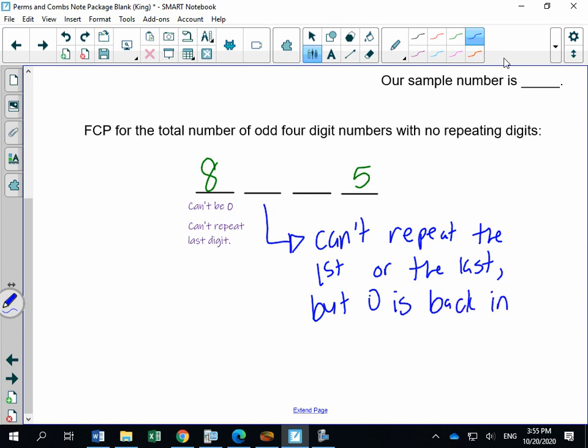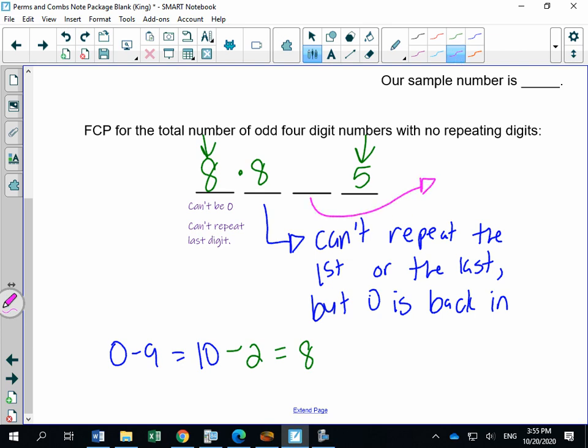So from the numbers 0 to 9, I have 10 total choices. From this, I have to subtract 2. So I have to subtract whatever number went there and whatever number went there. So that means that, because 0 is back in the game, I've got 8 possible choices there. And then for this third number, it's going to be the exact same as this, except I had 10 possible choices. Now I have to subtract 1, 2, 3 numbers to give me 7 possible choices there.